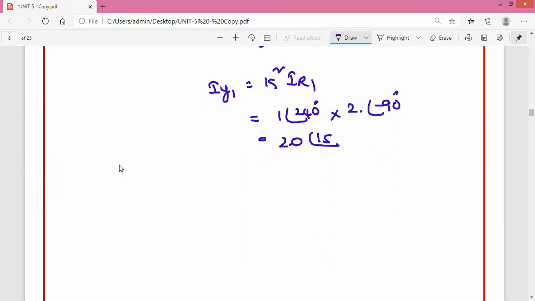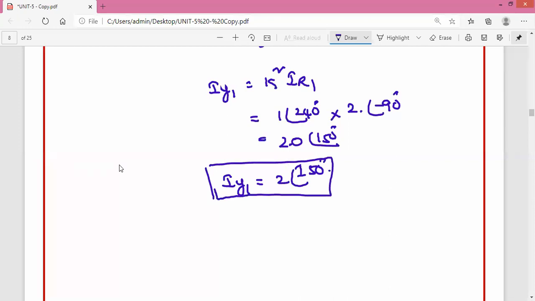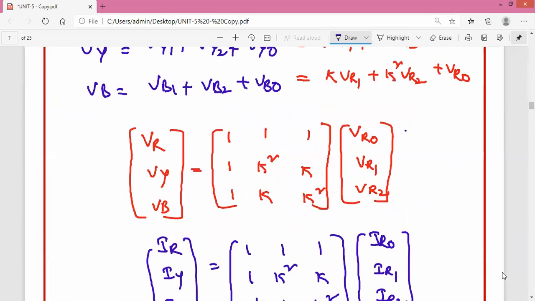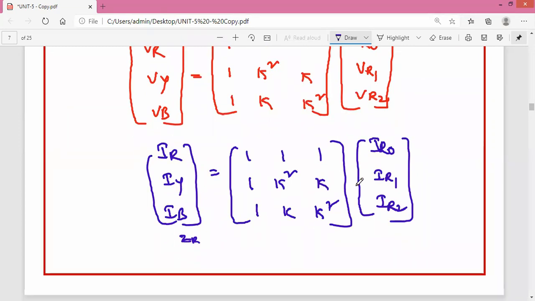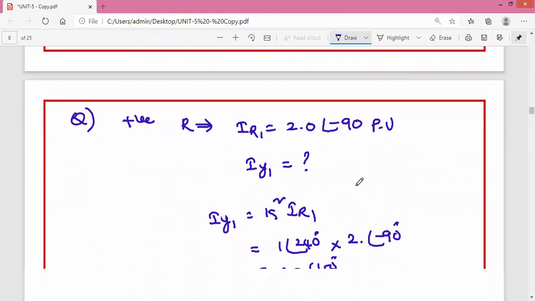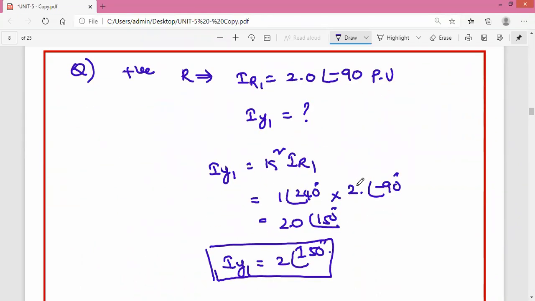It is 150. So the answer for the question is 2 at an angle of 150 degrees. So that's why you should know the relation between these. If you remember this matrix, then you can write easily. So this is the question asked in the GATE examination. Very simple to answer, but you have to remember it.